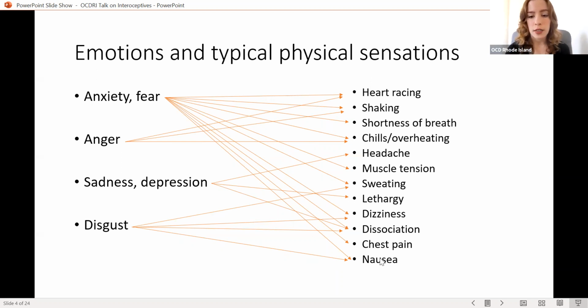You'll notice one of these on here is dissociation. I put that on there because it's one that's pretty uncommon, but also scary for people, but it's not dangerous. So I just wanted to mention it. Dissociation is a physical sensation of unreality, either that you and your body don't feel real, like you feel disconnected from yourself, or like your environment doesn't feel real, like it's at a distance.